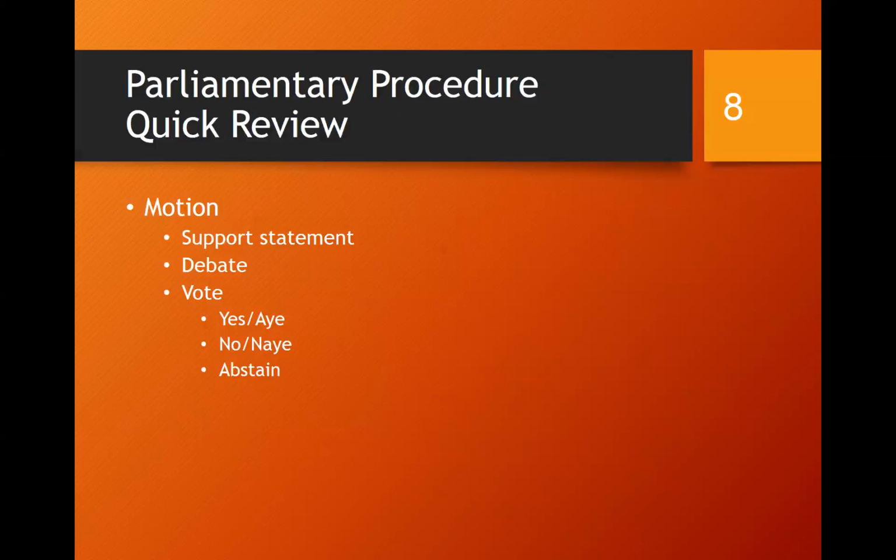A lot of times the speaker won't ask who's abstaining, especially if the majority is very easy to determine. But if it's super close, the speaker may ask those who abstain to make their voice known so that can be recorded.